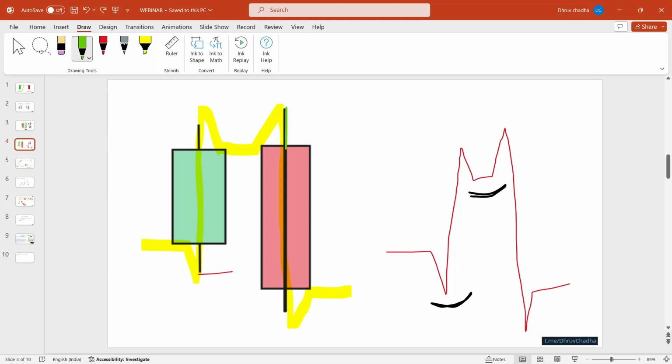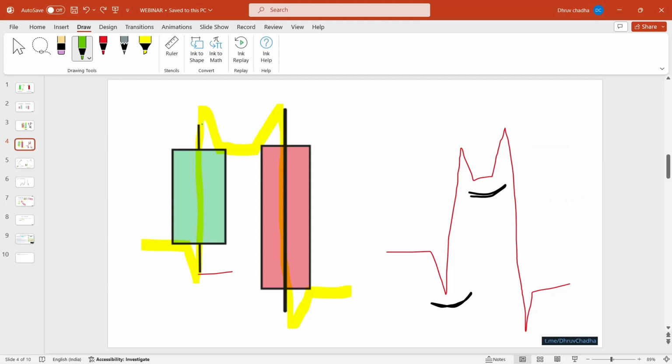So what does it form? This forms a left shoulder. This forms an apex. For those who know the Quasimodo pattern, we simply trade these two levels and expect a move to the lower side, right?